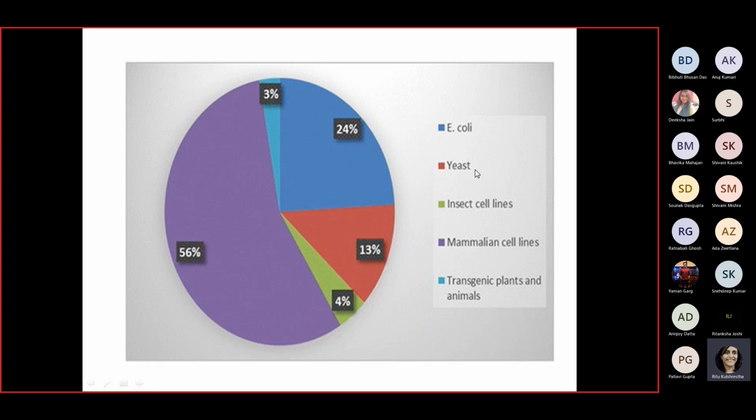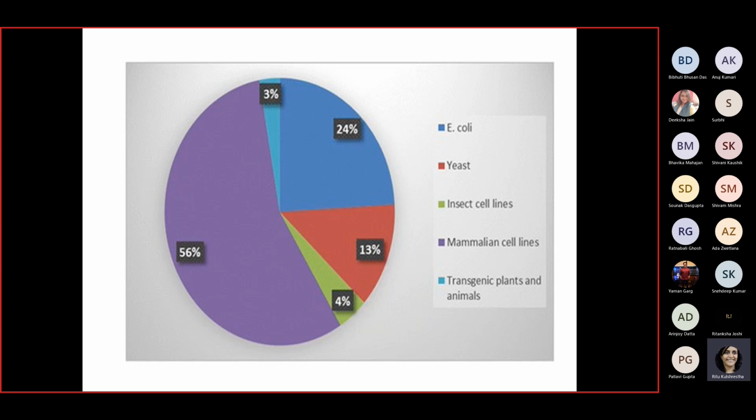I have discussed before also that many changes they are doing in the host strains, be it E. coli or yeast, or they are looking for alternate host strains. I told you that initially it was only Saccharomyces that were used, but later it was realized that Pichia pastoris is better. Then it was realized that okay, Pichia pastoris is very good, but there can be better strains as well.